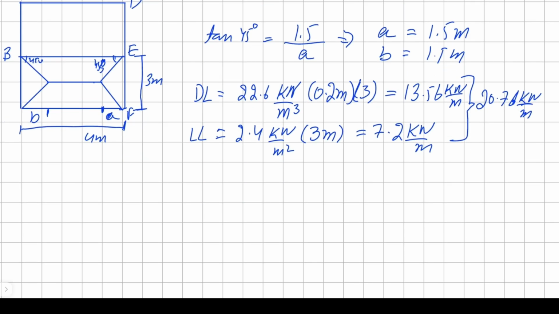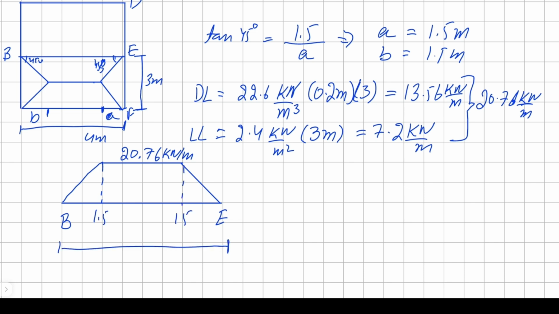Now let's draw our idealized free body diagram for BE. So our loading for BE will be trapezoidal, and it's not to scale. So our maximum top load for BE will be 26.7 kilonewton per meter, and these are 1.5.